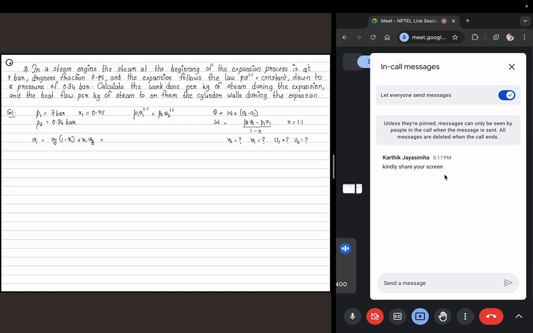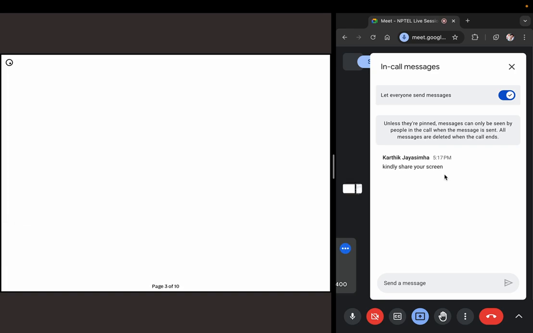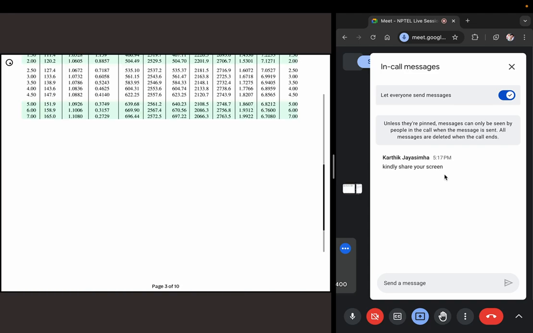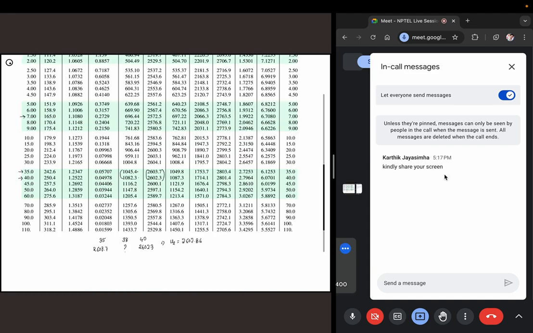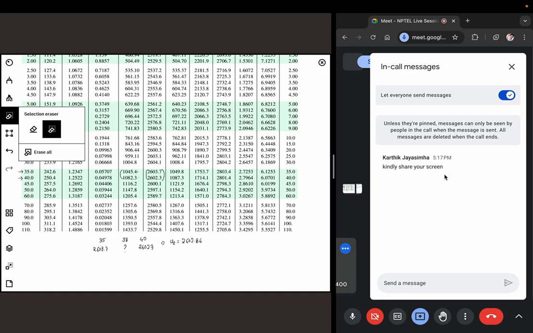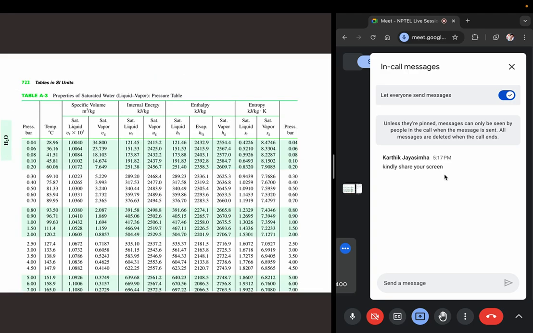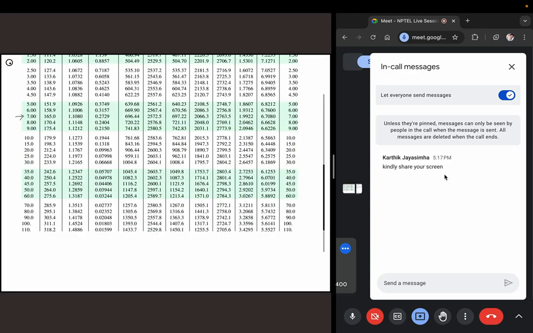We look up the steam table and then take the values directly from there. It is at 7 bar pressure, so we need two properties. We need V1 as well as U1. So V1 is this, and just note that the value over here is to be multiplied with 10 power minus 3.